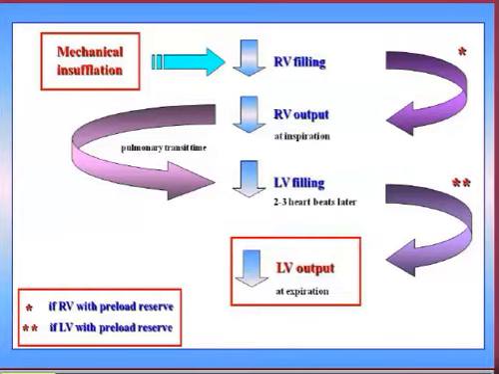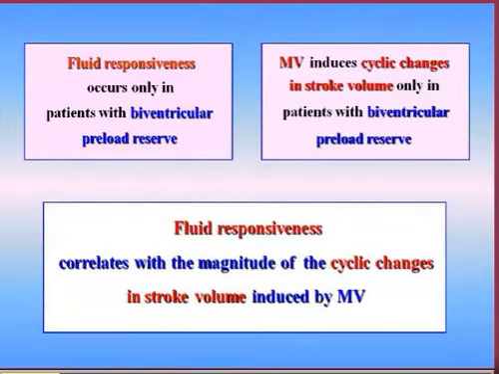Therefore, schematically, mechanical insufflation will result in a decrease in left ventricular output only if both ventricles have some preload reserve. So, we saw just before that fluid responsiveness occurs only in patients with biventricular preload reserve. We just saw now that mechanical ventilation is able to induce cyclic changes in stroke volume only in patients with biventricular preload reserve.